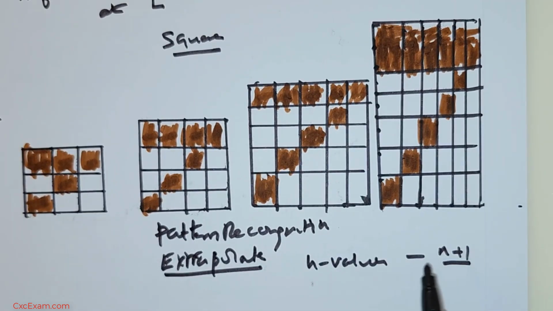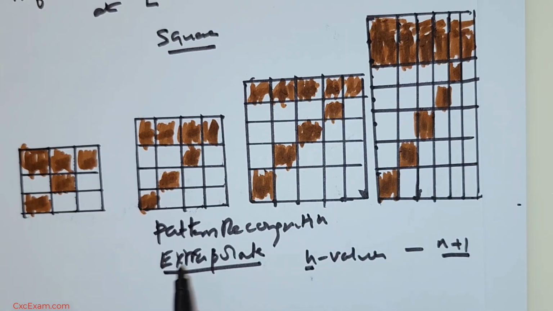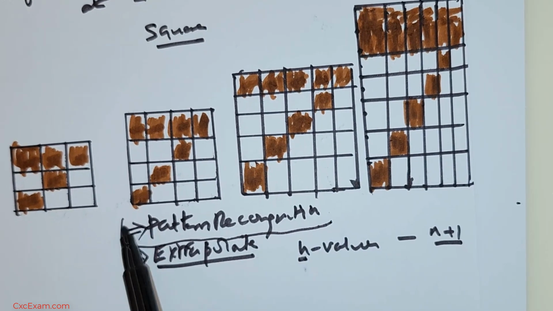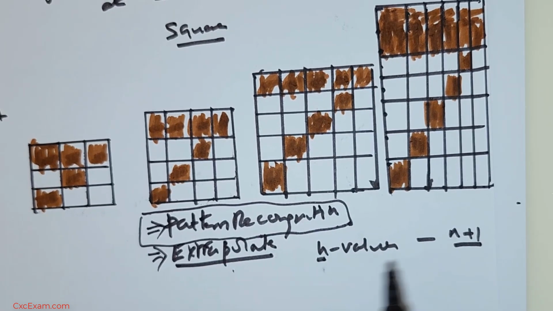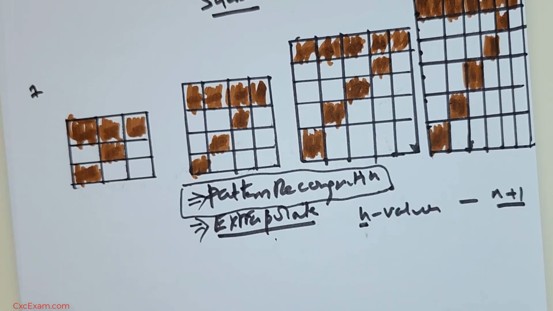Now remember, given n values to produce the next value, though it simply sounds too simple, in the line of science and technology, it is not all that easily done unless you have these two, or I would say the first one, pattern recognition. Unless you recognize the pattern, you will not be able to go to the n plus 1th state. So that is a beautiful part of this question.